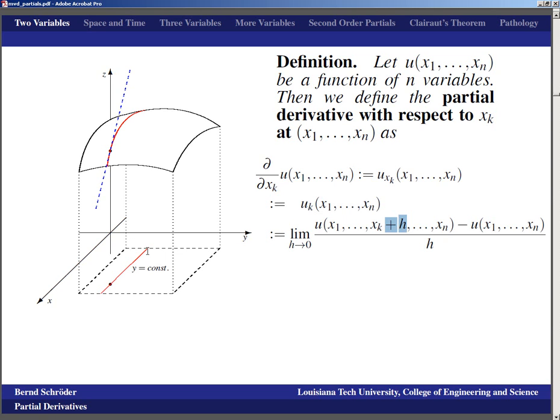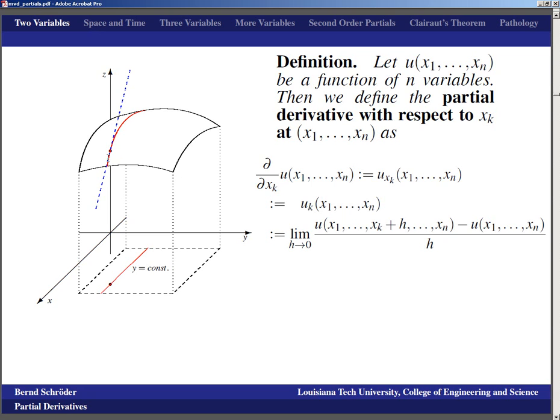So that is exactly this kind of thing, that we're essentially working along a straight line in the xk direction, which here would be the x1 or x direction. And when we do that, we subtract a value that we obtain by stepping in the positive xk direction, so stepping a little bit in the forward direction here. We subtract from that the value at the point.